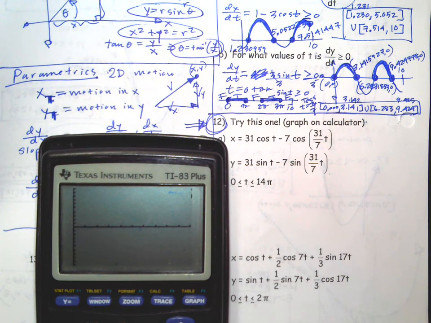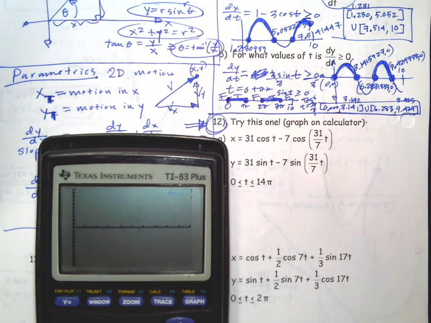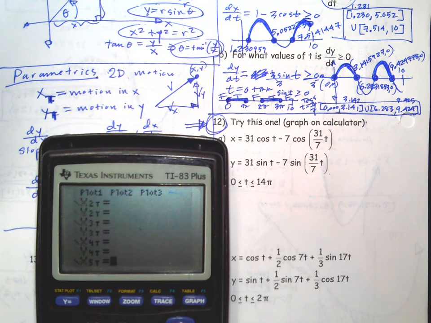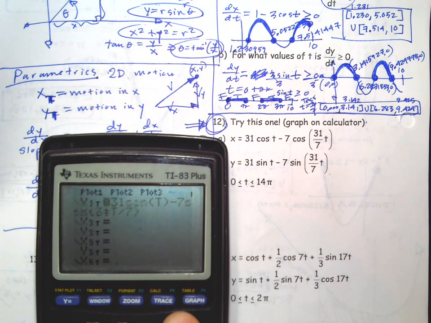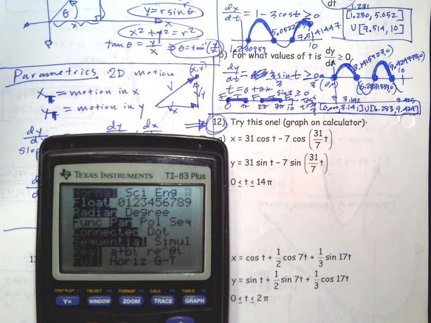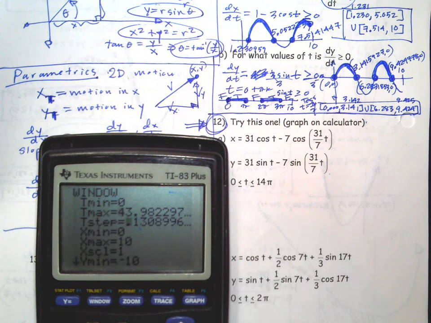Oops, something's wrong. Make sure nothing else is on. Nothing else is on. They type it in correct. Looks good. Should be in radian mode. Okay. Window should be -10, 10, -10, 10.